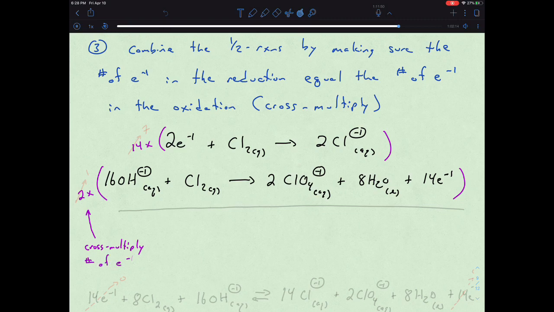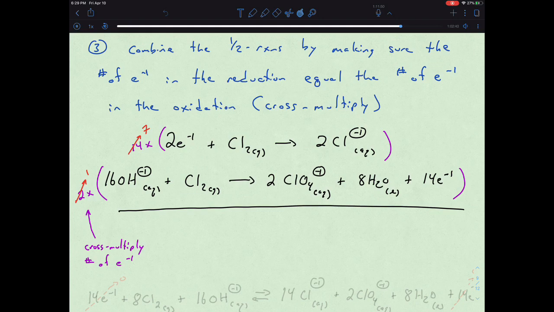With cross multiplication of the number of electrons. But we could simplify it a little bit since both are divisible by 2. Where we can just multiply really the bottom by 1 and the top by 2. And so if we do that, we end up with this overall process.